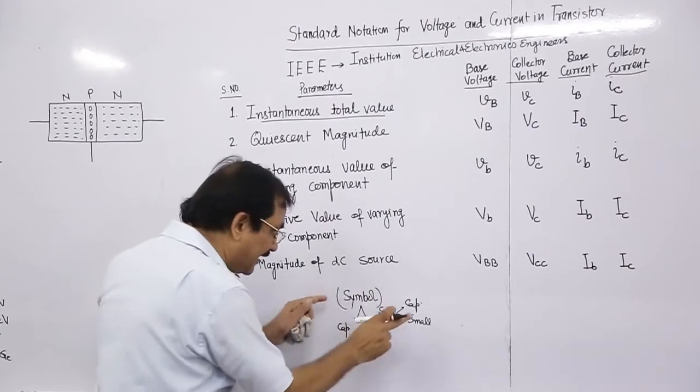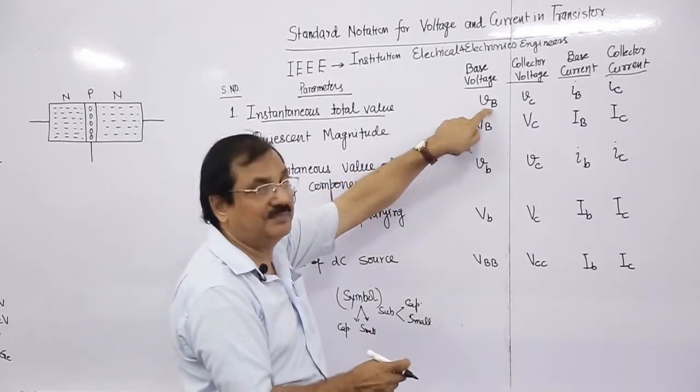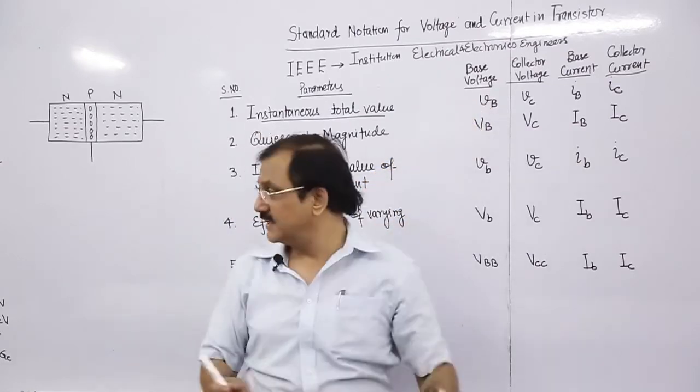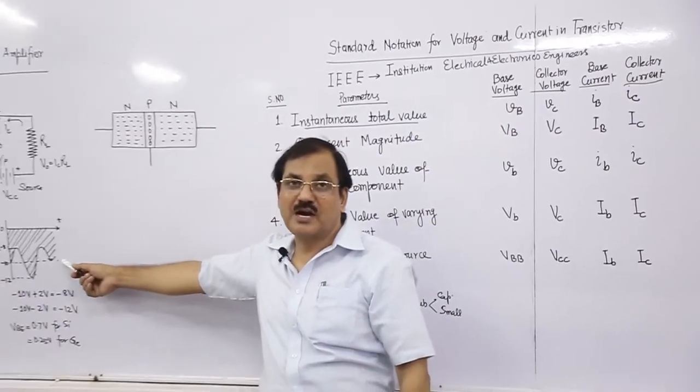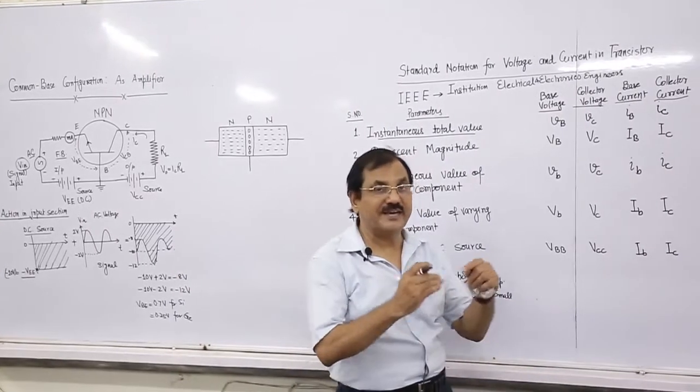So by the combination, this one is small v with capital B suffix, instantaneous. That instantaneous is related to this part of the behavior, where there is a variation.